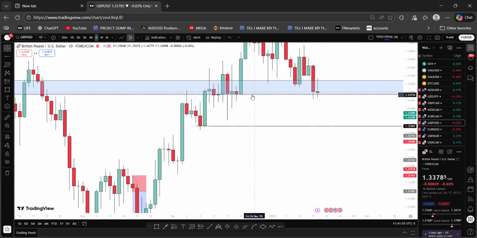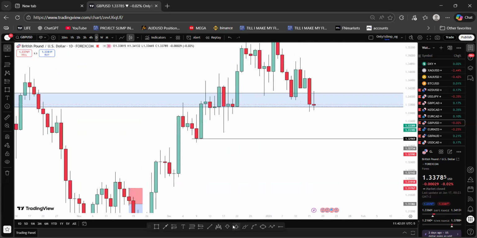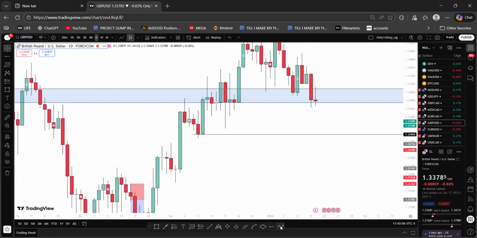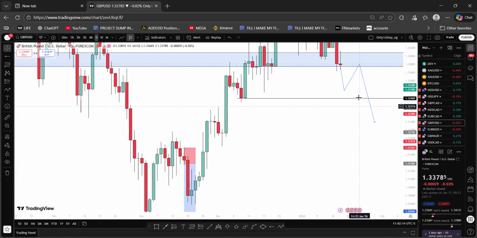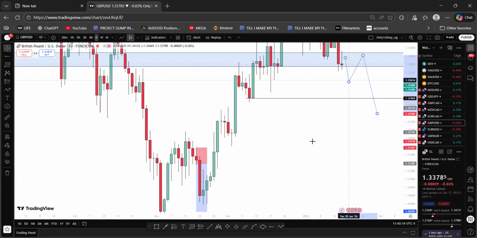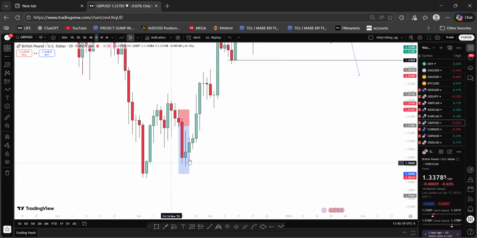So it's having a bit of rejections here. That just gives you a clear picture that once the daily breaks below, it's more likely to retest this zone, try it once more, then continue going down. Because this is now a bearish trend and it might continue being bearish, maybe even till it reaches down here.